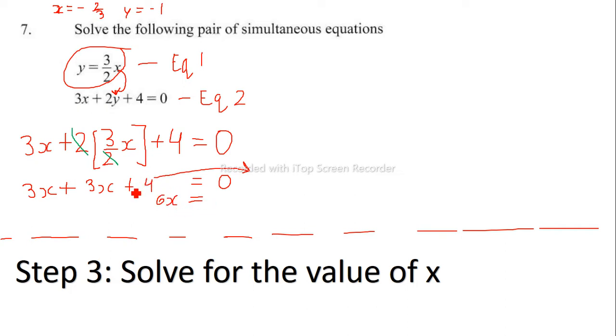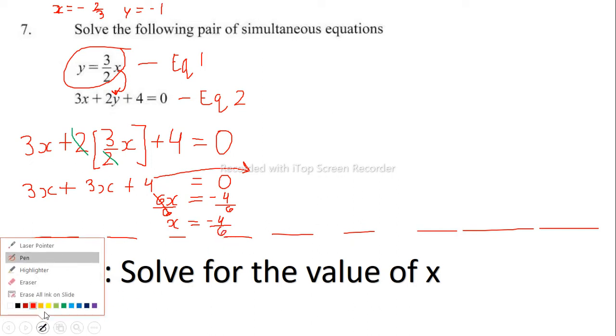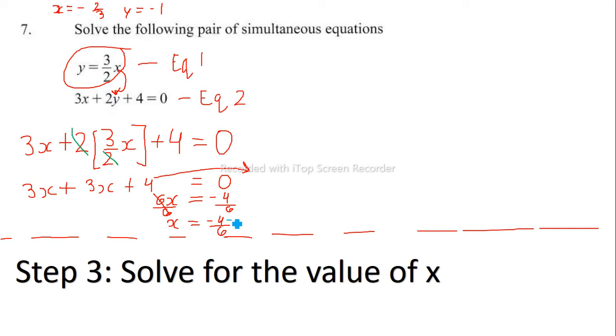And when we send over the positive 4, it becomes negative 4. Then we divide both sides by 6. And so x is equal to negative 4 over 6. But if we simplify negative 4 over 6 by dividing both sides by 2, what do we get? x is equal to negative 2 over 3.